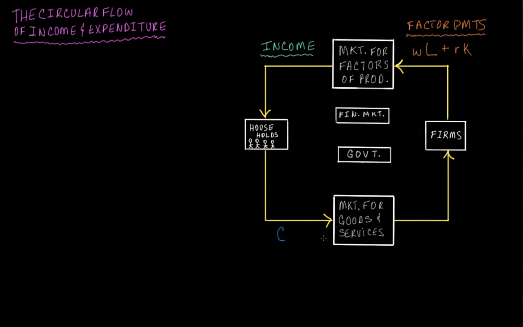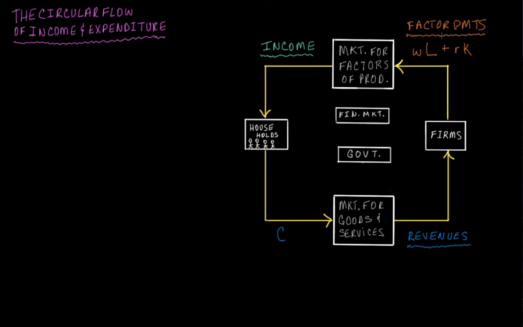Consumption are purchases of things that are used up usually in a short period of time, like food or clothing, and that's what goes into this category. This then becomes payments, and the payments that come out the other end, along with some other things I'll show in a moment, are just firm revenues, and I'll just put revenues here. These are all the revenues that go into firms.